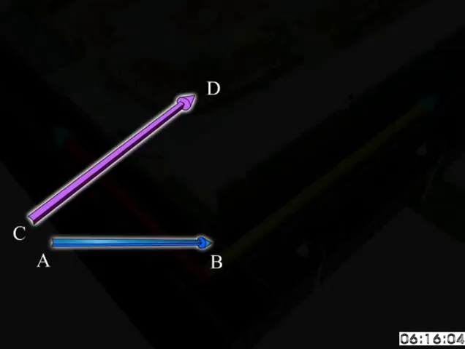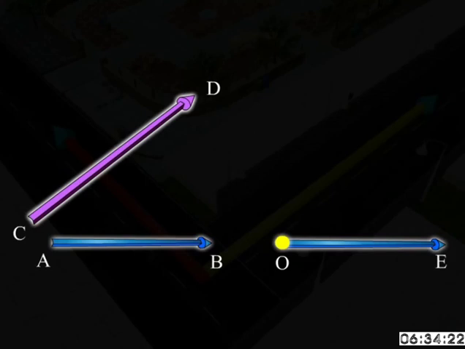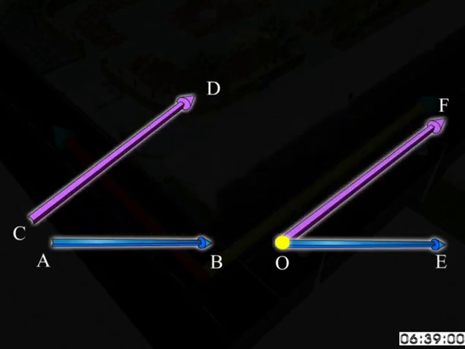Let us learn to replace a given system of vectors by a system of co-initial vectors. Consider vector AB and vector CD and suppose O be the given initial point. To make these vectors co-initial vectors, draw vector OE parallel and equal to vector AB. Similarly, draw vector OF parallel and equal to vector CD.